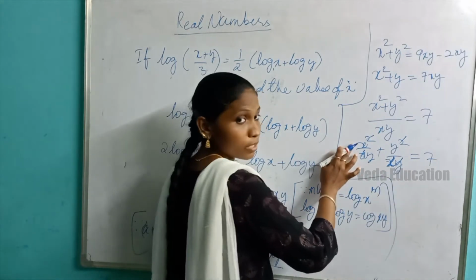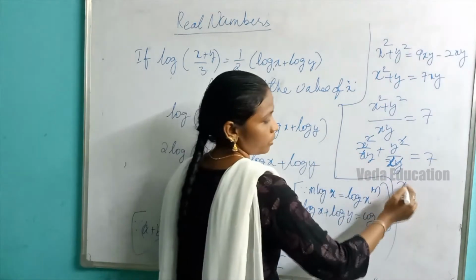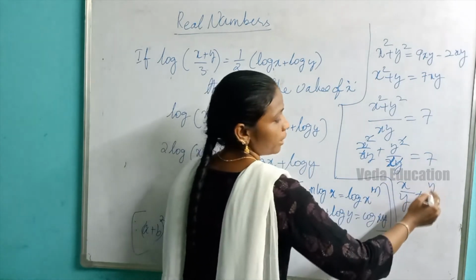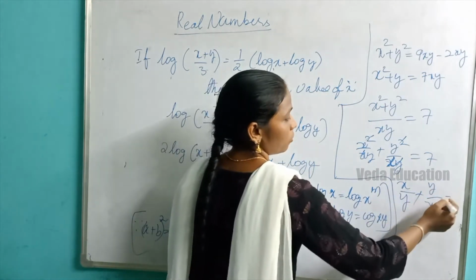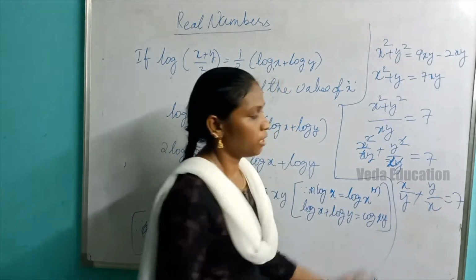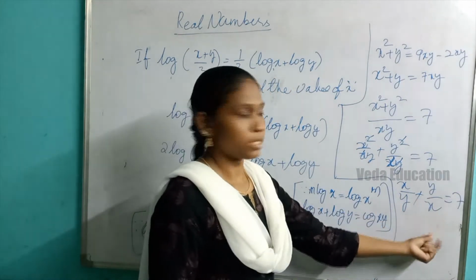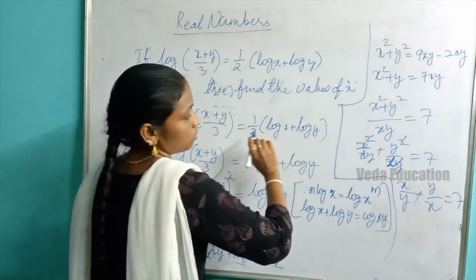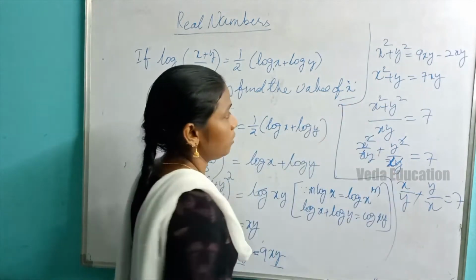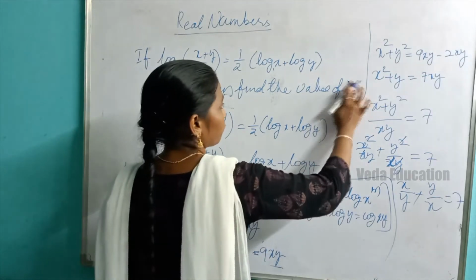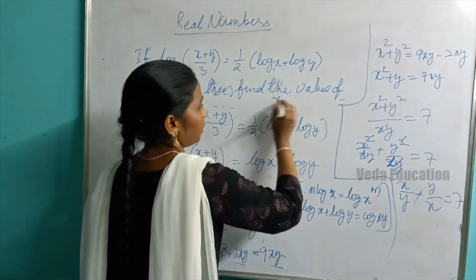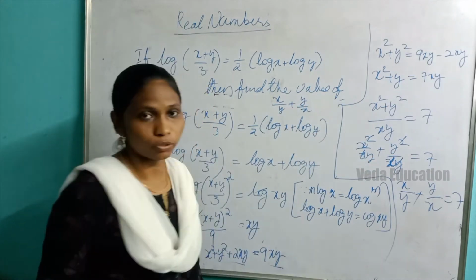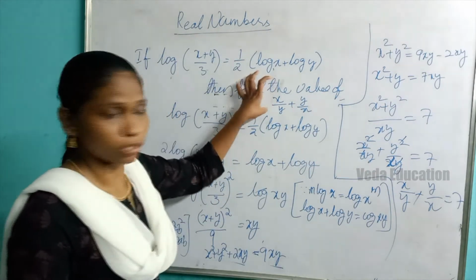So here one x is left, and here y after cancelling, and here y is left, and here x is left. So what is the value of this? 7. x by y plus y by x equal to 7. They asked to find the value of x by y plus y by x. Okay, that is our question.